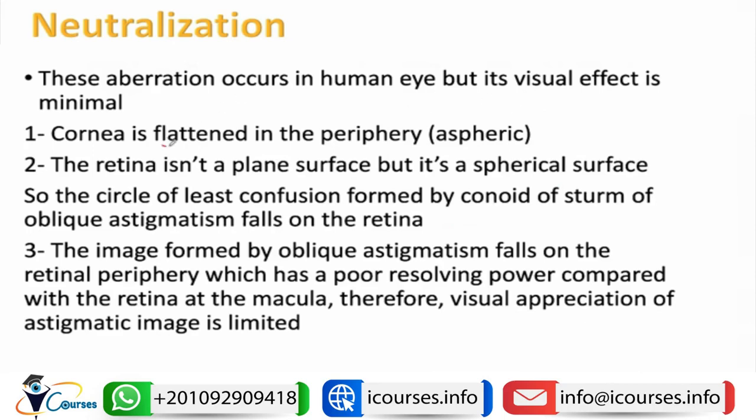The cornea is aspheric, or flattened in the periphery, so that the periphery of the cornea doesn't have much greater refractive power, and thus it will eliminate the effect of unequal magnification and will decrease the coma and spherical aberration. Also, the retina itself is not a plane surface, it is a spherical surface, so the circle of least confusion formed by the conoid of Sturm is falling on the retina.